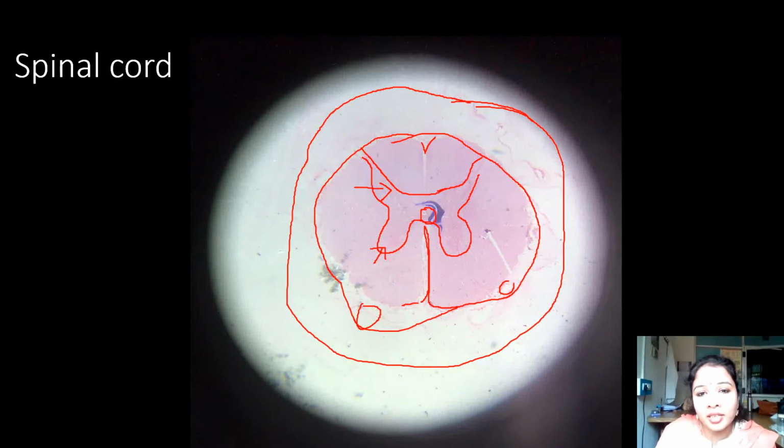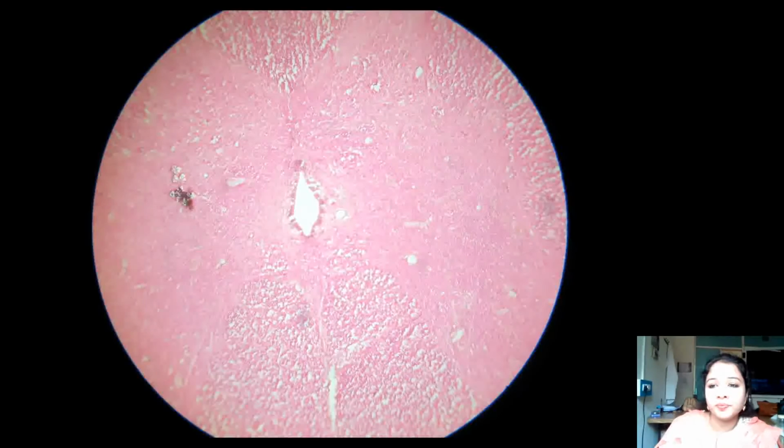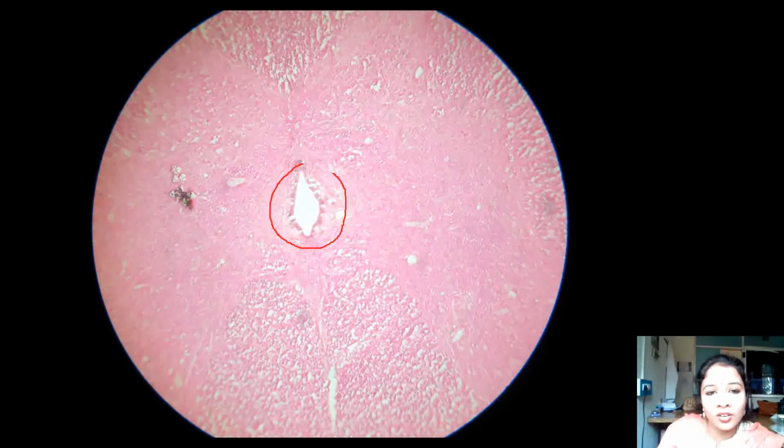And the white matter, because of this grey matter, we divide into the posterior column. So this is the posterior column, this is the lateral column, and here is the anterior column. So these are the differentiating features to identify it as a spinal cord. And here at a little higher magnification we can see the central canal, a well differentiated central canal.